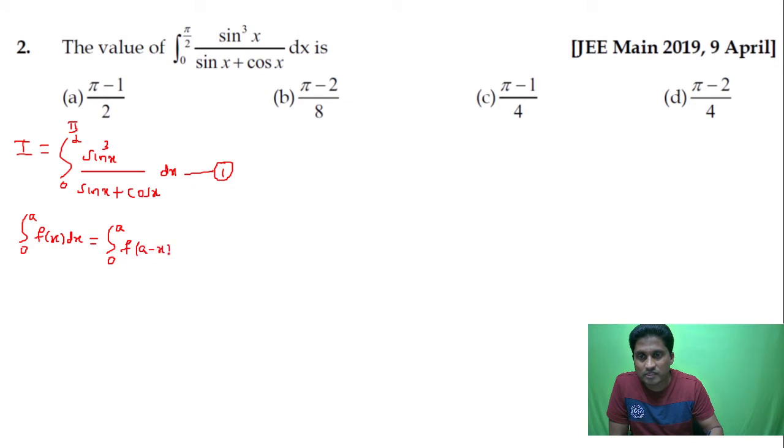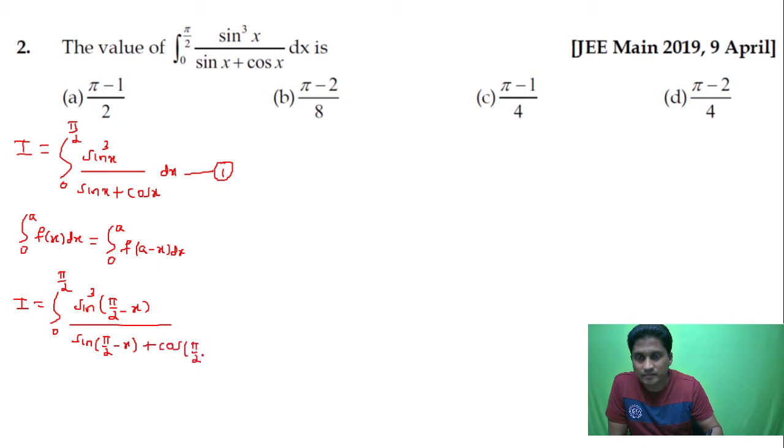So if I use this King's property, this becomes the integral from 0 to pi by 2 of sine cube of (pi by 2 minus x) divided by sine of (pi by 2 minus x) plus cos of (pi by 2 minus x), dx.